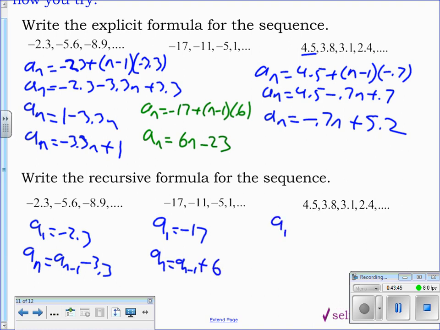A sub 1 is 4.5. A sub n equals a sub n minus 1 minus 0.7. It's easier to write the recursive formulas. They're easier to write, a little less manipulation in there. Easier to use the explicit ones. Okay. Any questions?